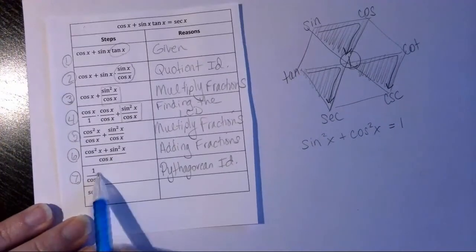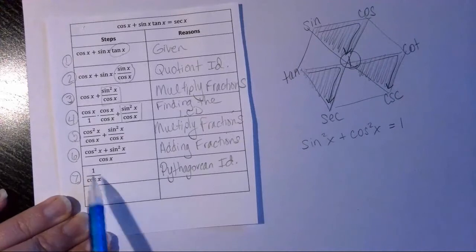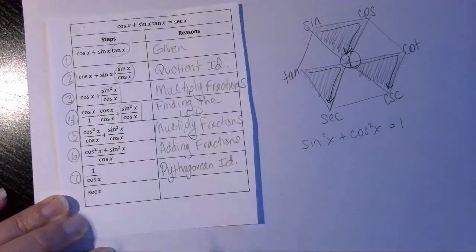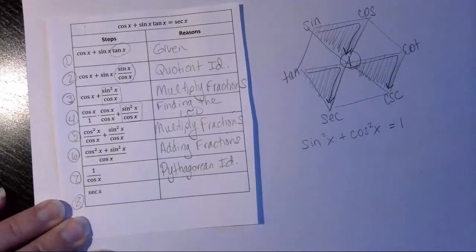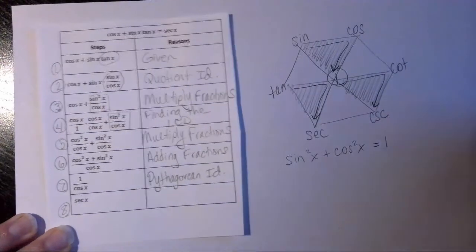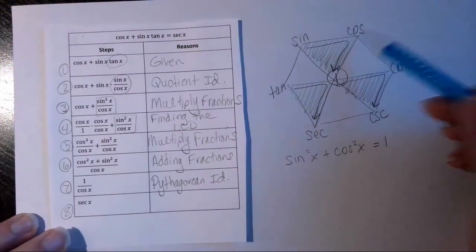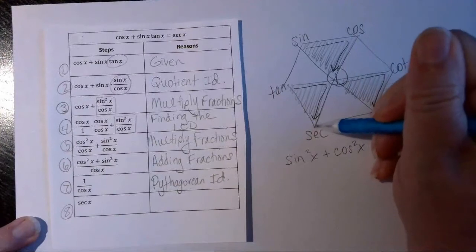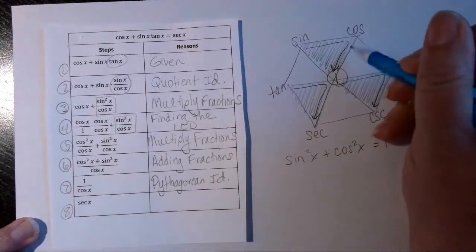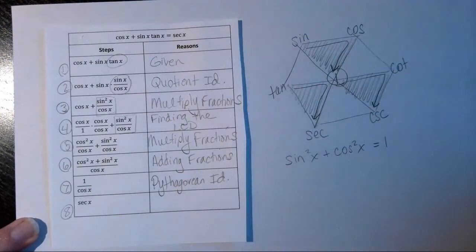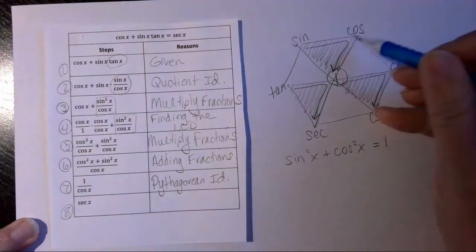Okay, now to get from step 7 to step 8, the 1 over cosine has changed to the secant of x, and when we look at our identity hexagon, here's secant, and directly diagonal from it is the cosine. Those are reciprocals.